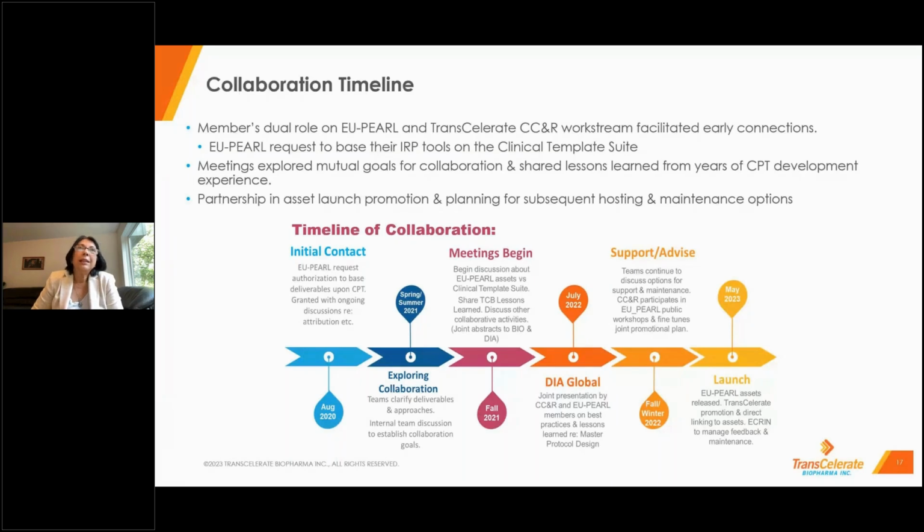So as a long-standing member of TransCelerate's CC&R workstream, and having been involved in the evolution of the Common Protocol template, while also being a representative for Sanofi in Work Package 2 in EU-PEARL, I made the proposal to Work Package 2 to see if we could use TransCelerate's Common Protocol template to create this unique master protocol.